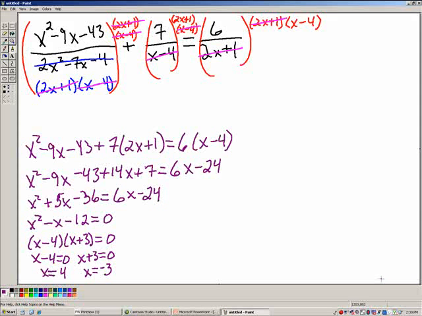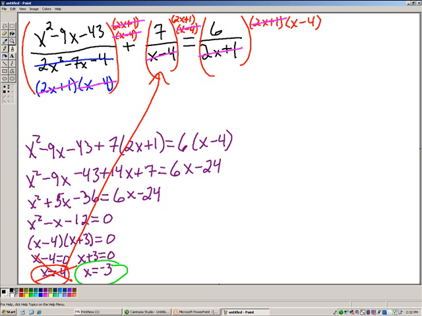But we do need to remember they did in fact start with denominators, and we need to make sure there's never a zero in the denominator. So we check. Well, the -3 is not going to put a zero in the denominator, but this 4, if it's put in that denominator, 4 minus 4 will be 0. So we cannot use the x equals 4 as a solution, and we're left with just the solution of x equals -3.